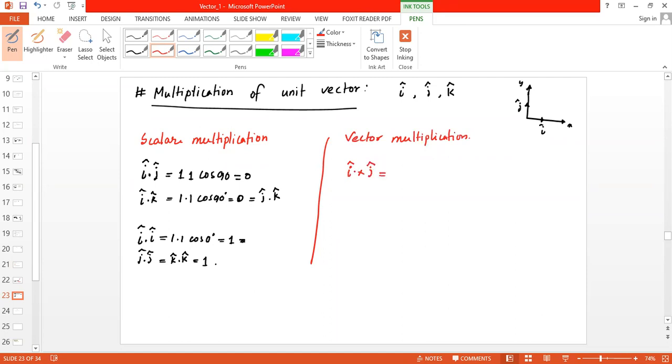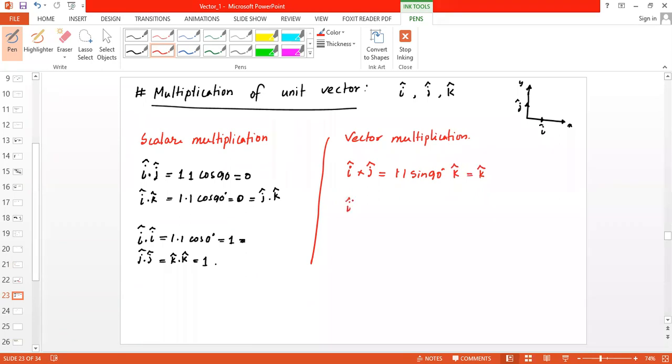So for i cross j, the magnitude of i is 1, the magnitude of j is 1, and the angle between them is 90 degrees. This is sine 90 degrees. And their perpendicular direction is k. So 1 times 1 times 1 times k, that's k. i cross j means k.